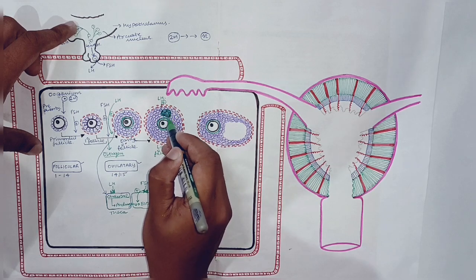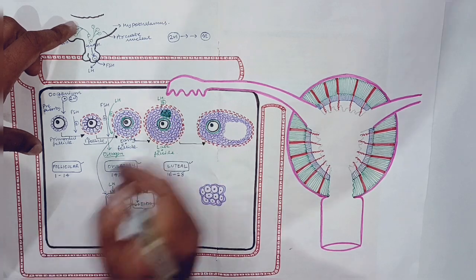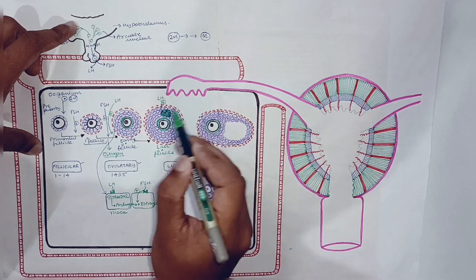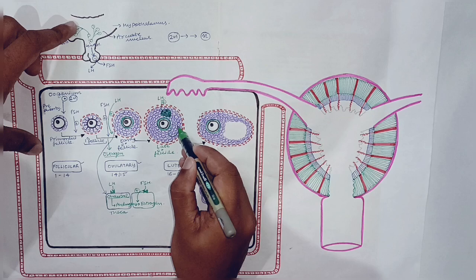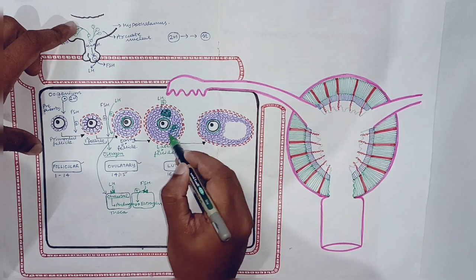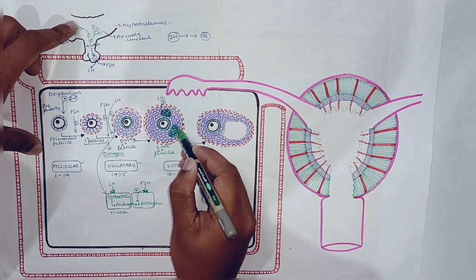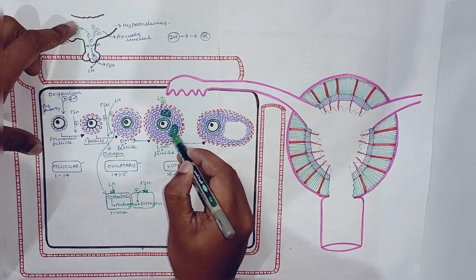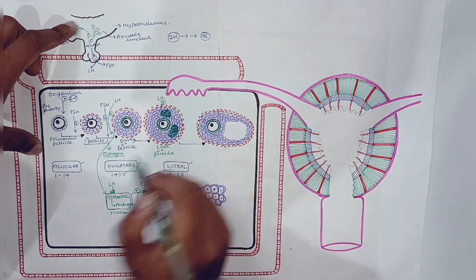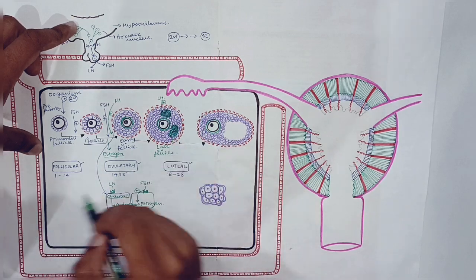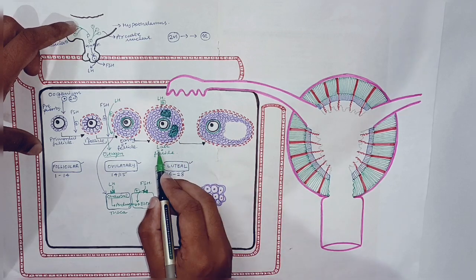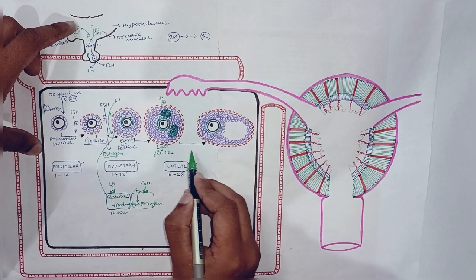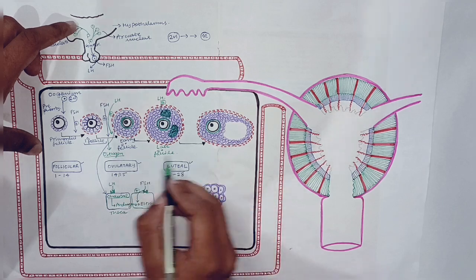They start producing follicular fluid, which is rich in hyaluronic acid. They create the follicular fluid like this, and the pockets of the follicular fluid are induced by the FSH.